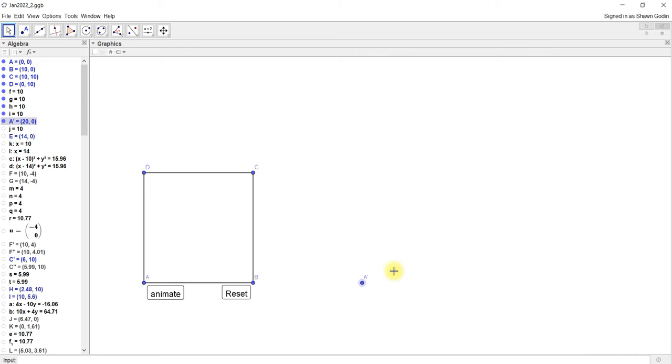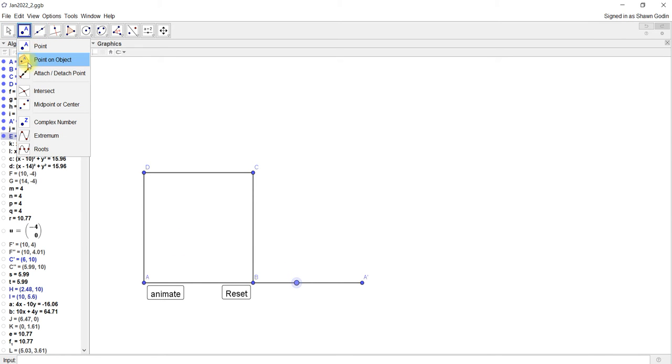And since I'm setting up the sides of my right angle triangle, I set up a line segment here where I would construct a point on that line segment using the point on object tool up here. And this is going to be one of the corners of the other square.